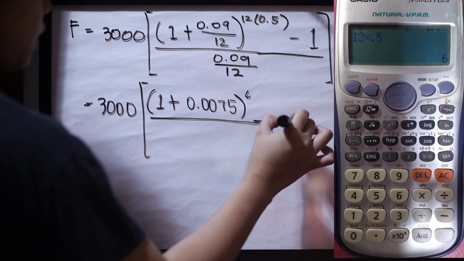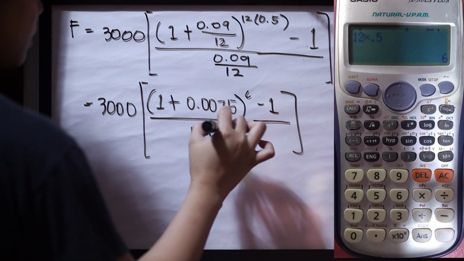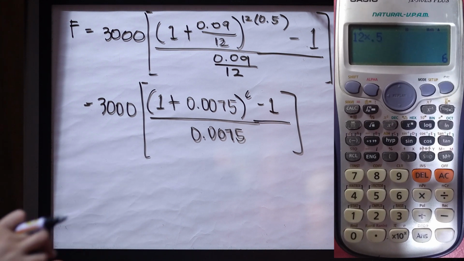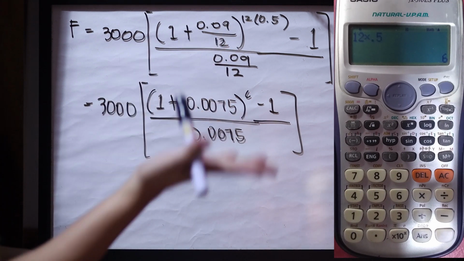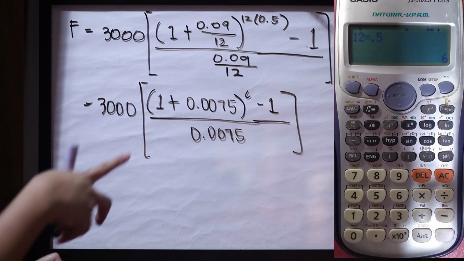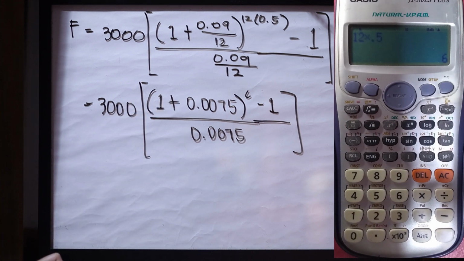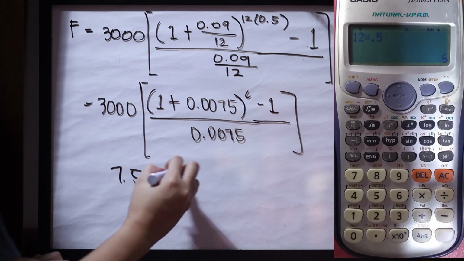And then, minus 1 all over 0.0075. Hindi natin maiiwasan sa calculator yung scientific notation. There's no other way in writing it. Hindi nyo din siya pwedeng i-write na 7.5 times 10 raised to negative 3 kasi mas lalo kayong malilito. So, scientific notation lang yun kung paano ko nakuha yung 0.0075, na halimbawa 7.5 siya, 'di ba, times 10 raised to negative 3.